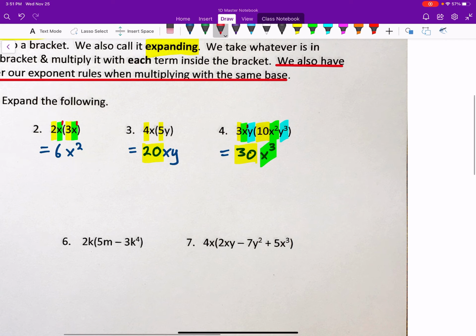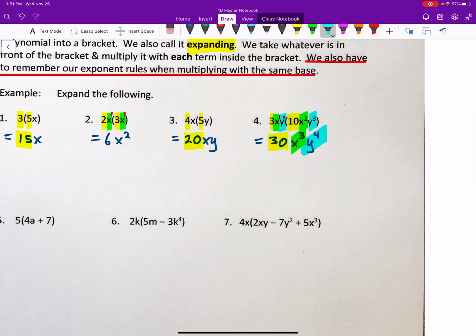And when I multiply them together, I add those exponents, and I get y to the 4. So we multiply together the things we can, numbers times numbers, x's times x's, y's times y's, and do what we have to do to the exponents. Again, this means 30 times x cubed times y to the 4, but it's a single term.